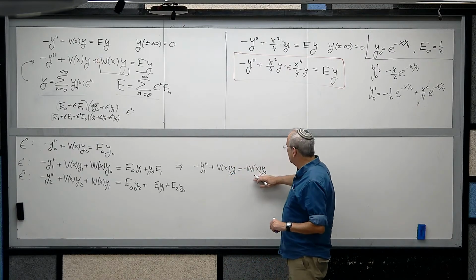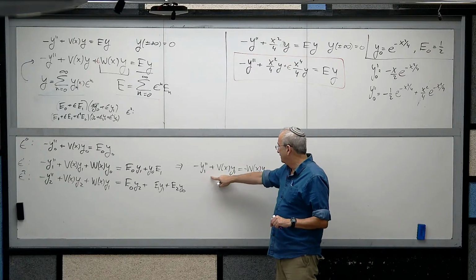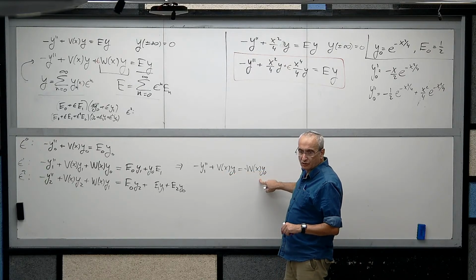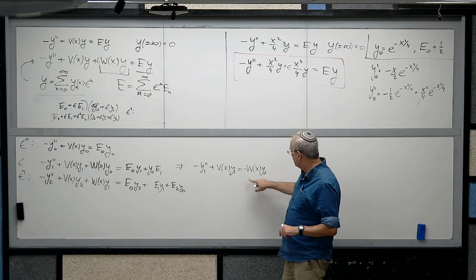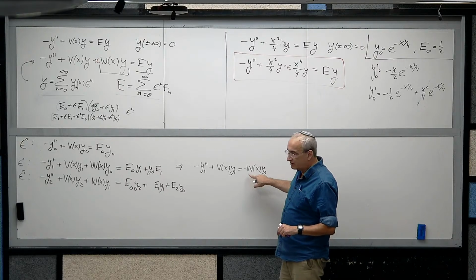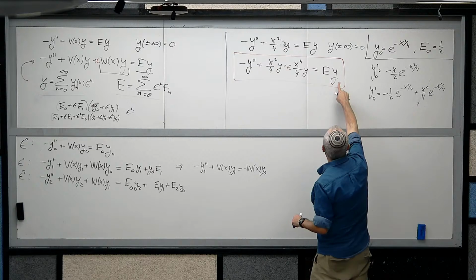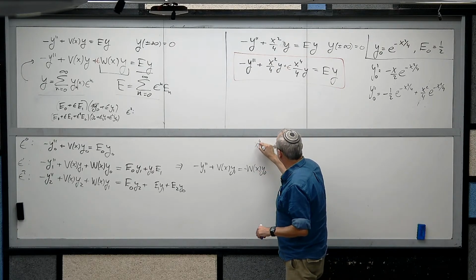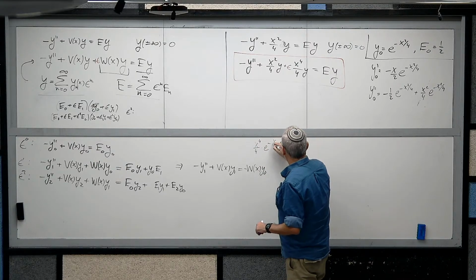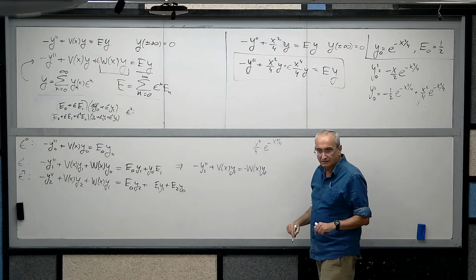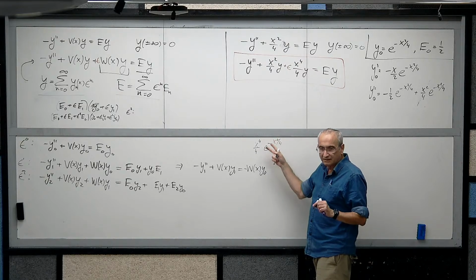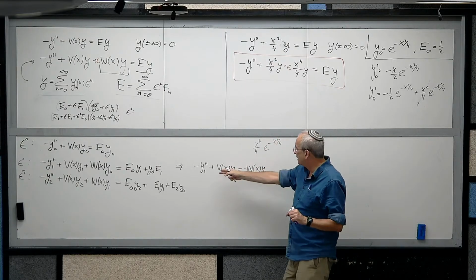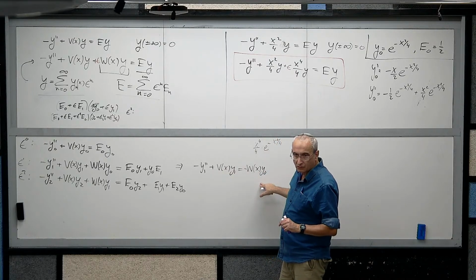Then I have an inhomogeneous second order equation for y1, because here this is known. For example, this will be x to the 4 over 4 times e to the minus x squared over 4. So this is a function that depends on x, and I know it. This is just an inhomogeneous differential equation.